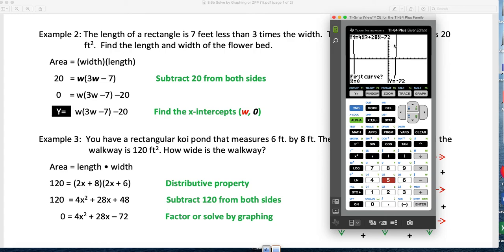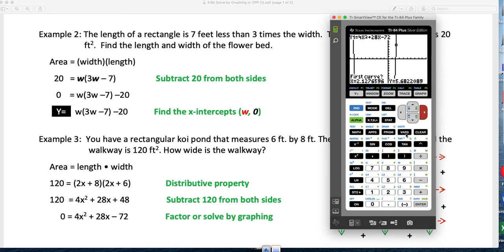I know this calculator lands on the y-intercept the first time it graphs, and that y-intercept is a negative 72. There's the y-axis, so I know the cursor's down here somewhere. So I'm just going to slide up there. And there it was. It just jumped right past.